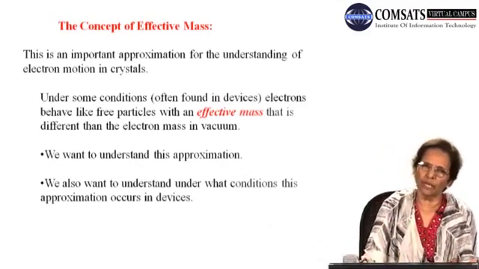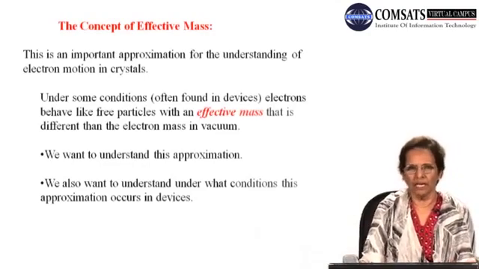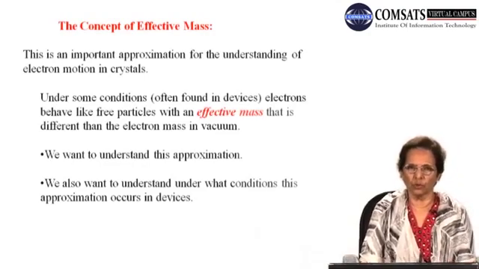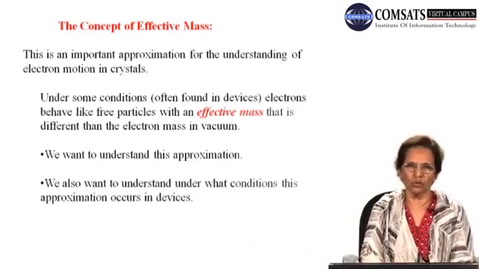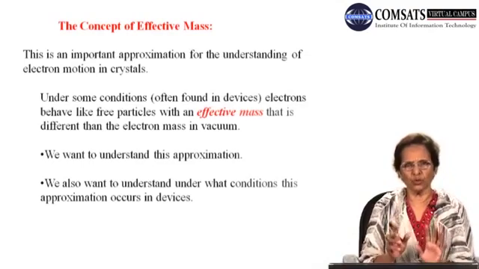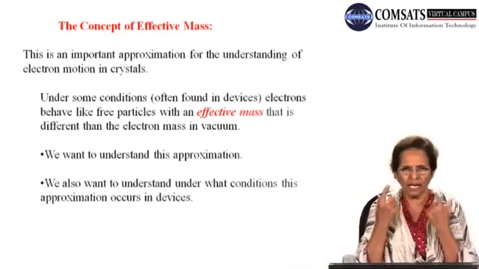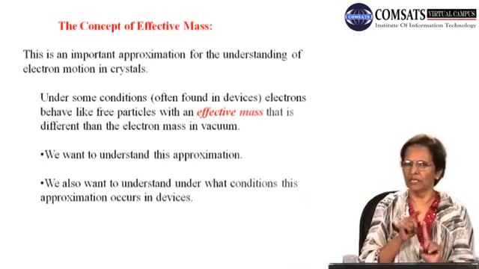Do we use the same mass, m naught, which was called previously the electron mass in vacuum, or do we change this mass because now the electron is moving in a real crystal? Mind you, when I use the term real, I have the following in mind.